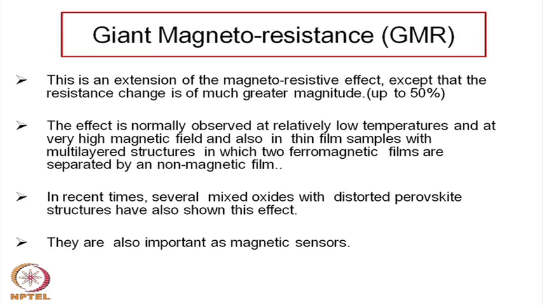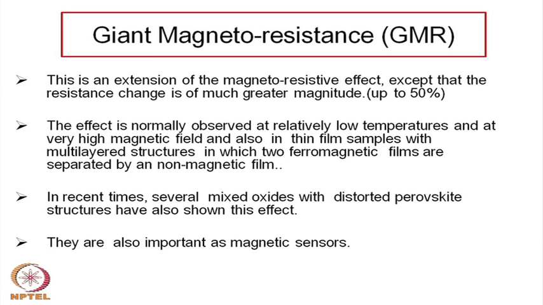An extension of this magnetoresistive effect is called giant magnetoresistance, where the resistance change is much larger compared to the normal things which have been observed. Under certain situations, the resistance change can be as high as 50%, and such materials are called giant magnetoresistance, GMR materials.